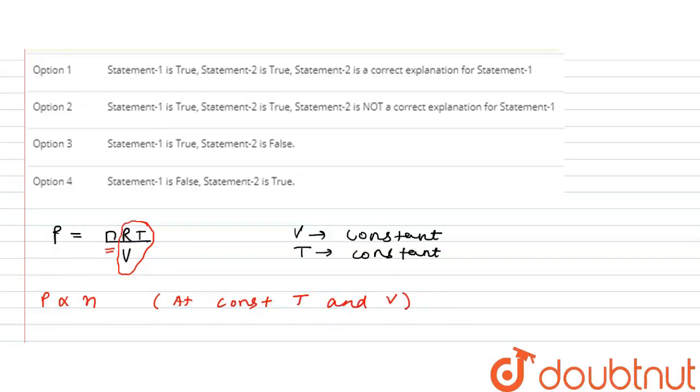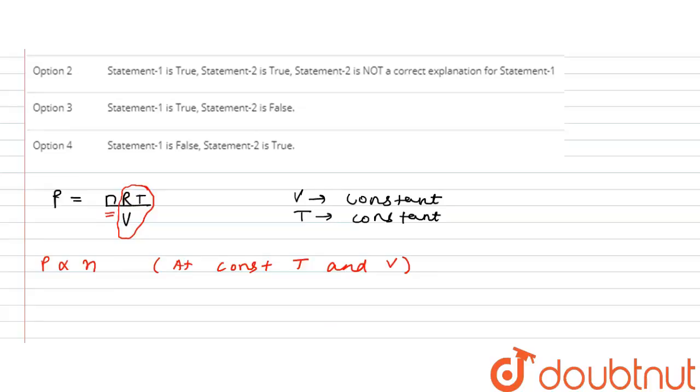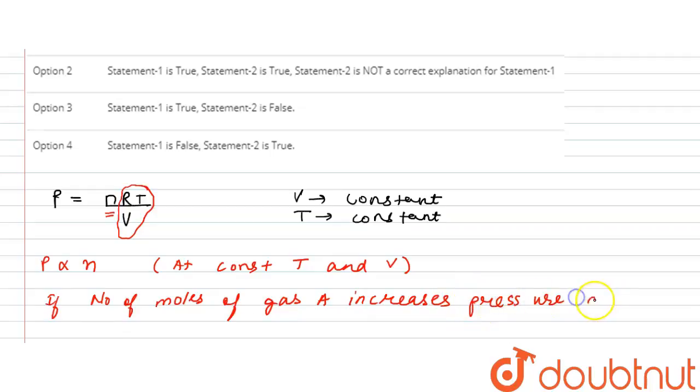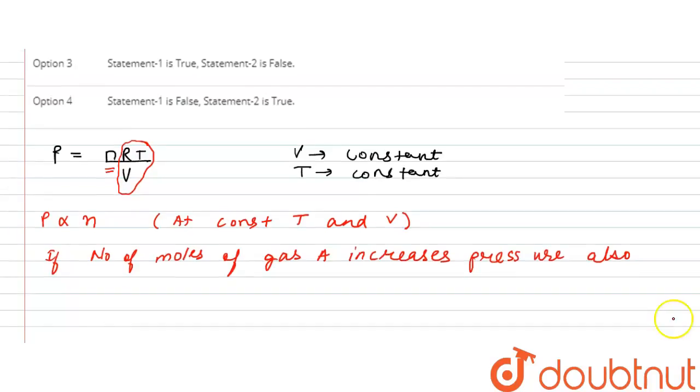This is very important. Now you can see if P is directly proportional to the number of moles, then if the number of moles of gas A increases, then pressure also increases, right?